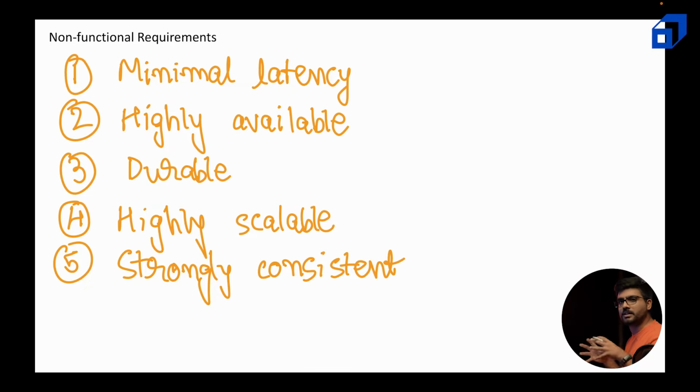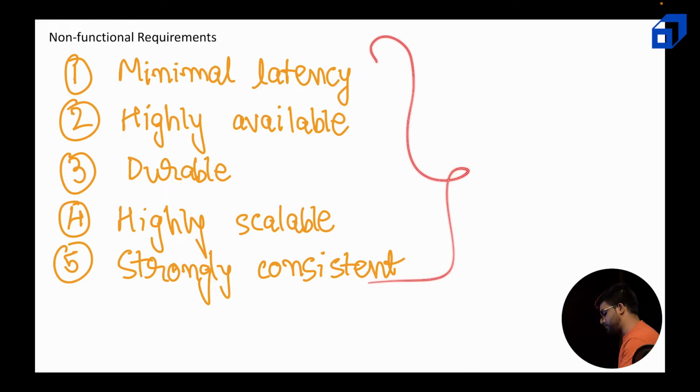So some of these features need to be strongly consistent, whereas some features we are fine with eventual consistency. So the set of features which are highly available and strongly consistent are mutually exclusive and they don't overlap. So this is the set of non-functional requirements which our application must have.